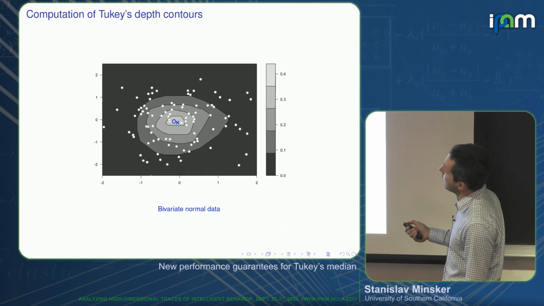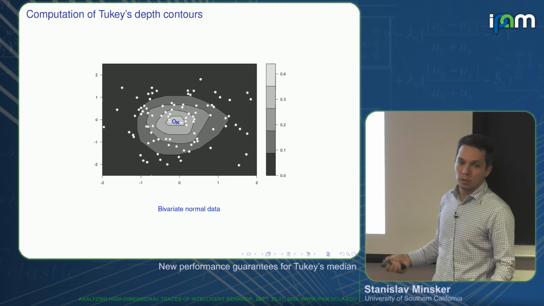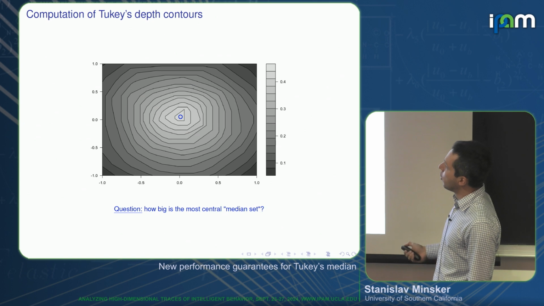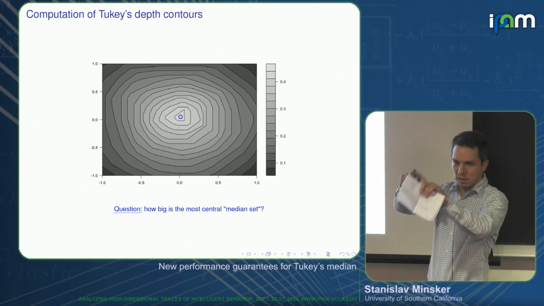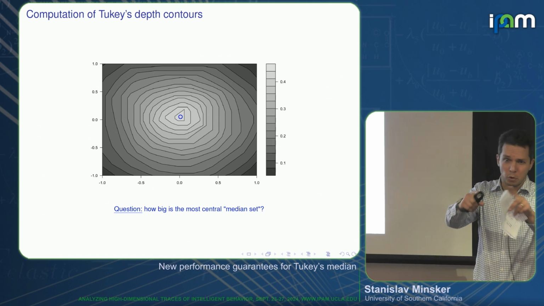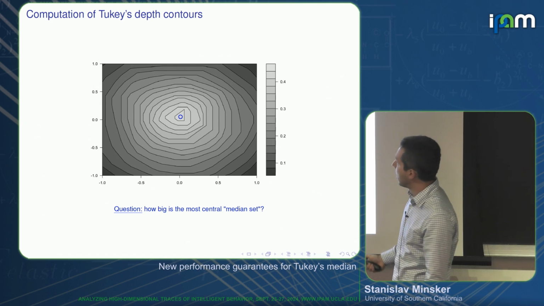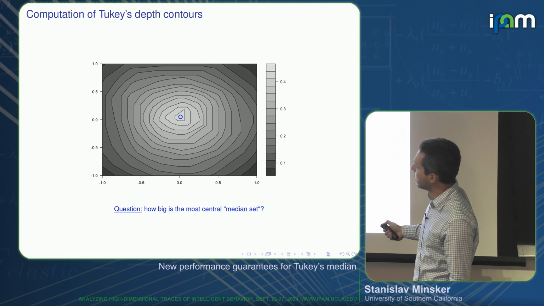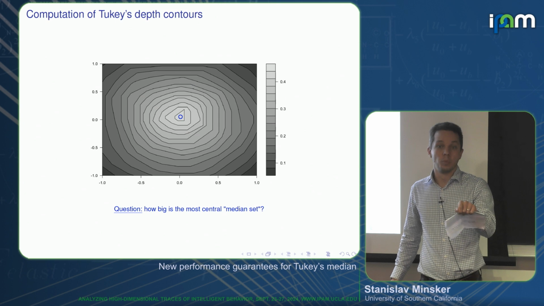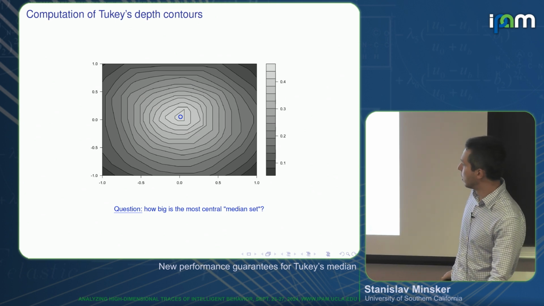And what we can expect when the number of points in our sample becomes very large. So this is the plot with 500 points. We see that the depth regions approach circles, right? And we expect that the innermost region should somehow approximate the true mean, the true center of my distribution.